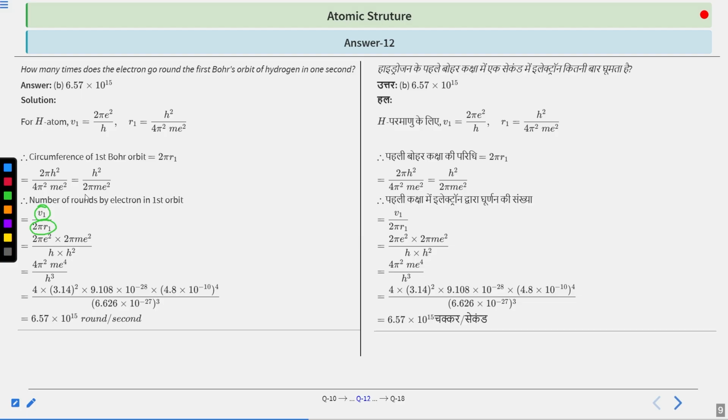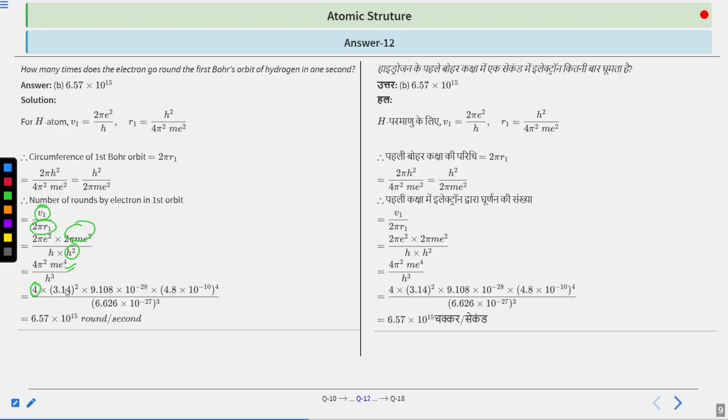Now putting this all back in the equation. So V1 we already know is 2 pi e square by h, and this value 2 pi R1 we have calculated here, which is h square by 2 pi m e square. Putting all this, we reduce this equation to 4 pi square m e to the power 4 by h cube. Now we know the value of all the constants.